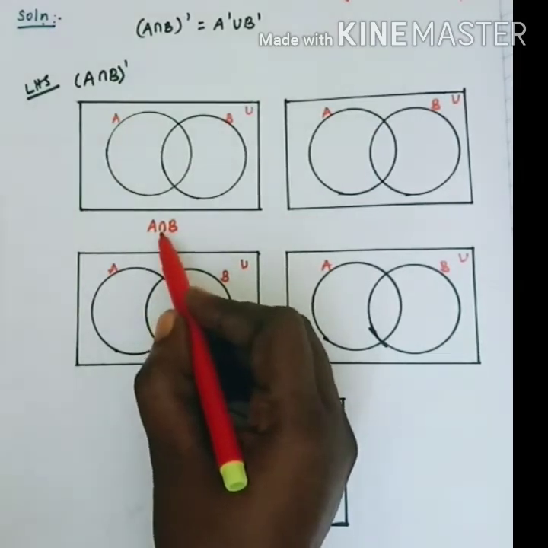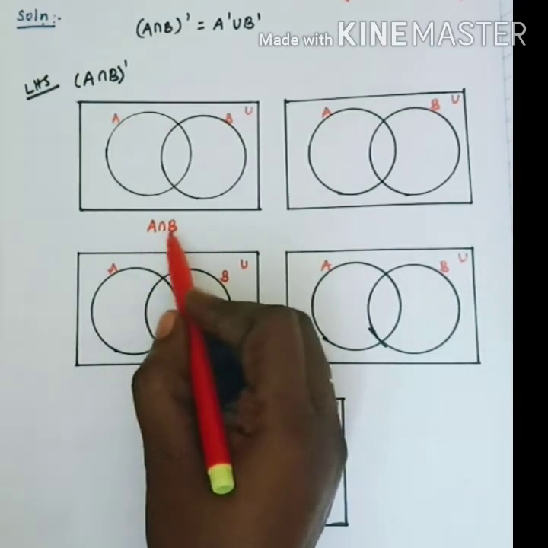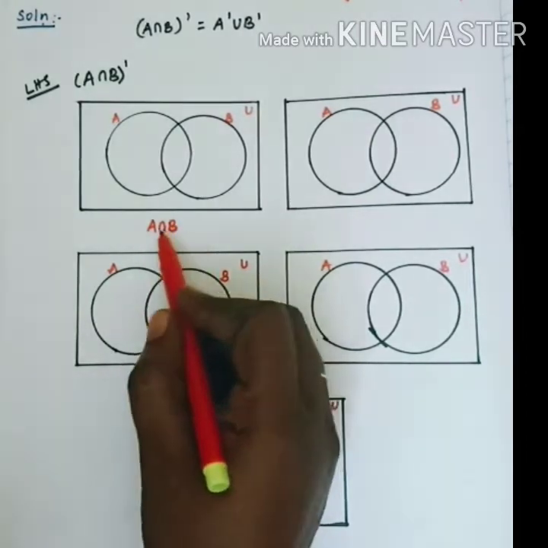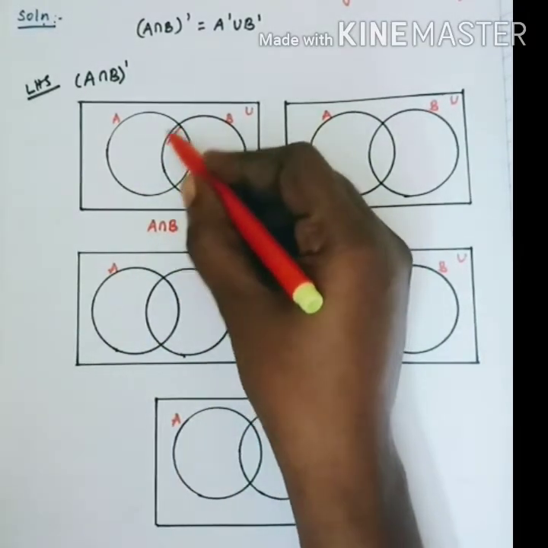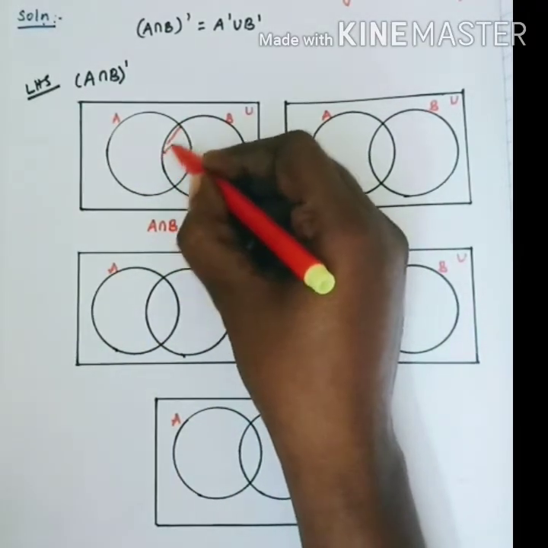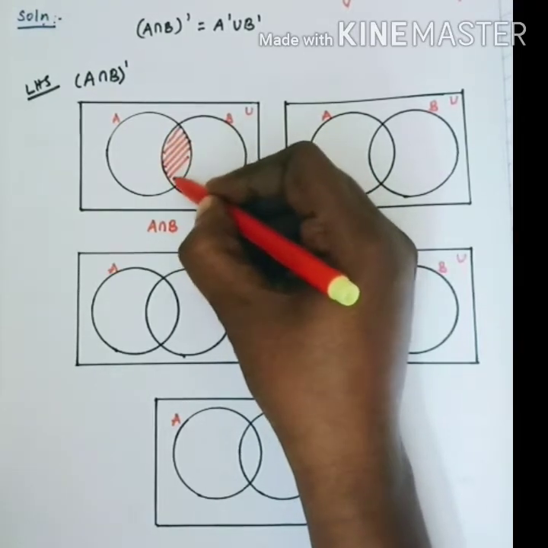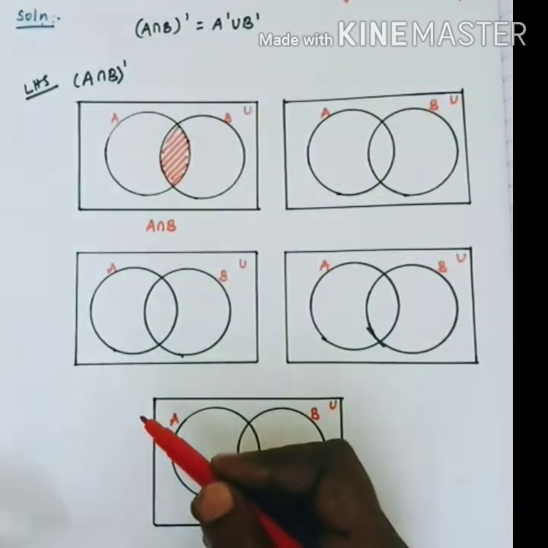Intersection means common. So we have to shade the common portion in both the sets A and B. Which is the common portion in both the sets? The center part. This is the common portion, isn't it? So we shade this A intersection B.